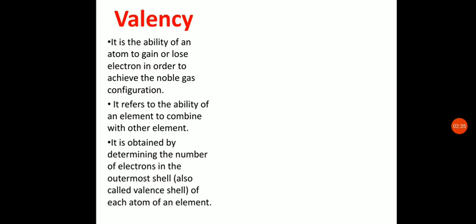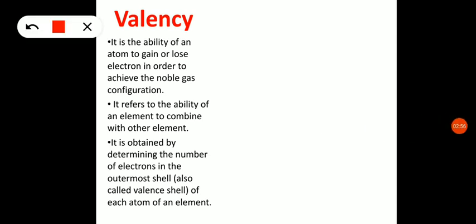Next is valency. So what is valency? It is the ability of an atom to lose or gain electrons in order to achieve the noble gas configuration. Which are the noble gases?